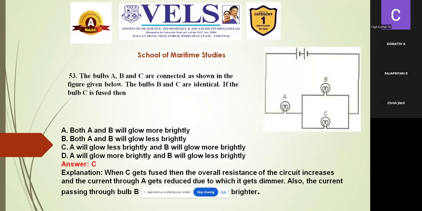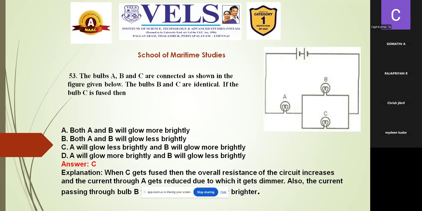The next question is, the bulbs A and B are connected as shown in the figure. The bulbs B and C are identical. If the bulb C is fused, what will happen? When C gets fused, the overall resistance of the circuit increases, and the current through A gets reduced, due to which it gets dimmer.